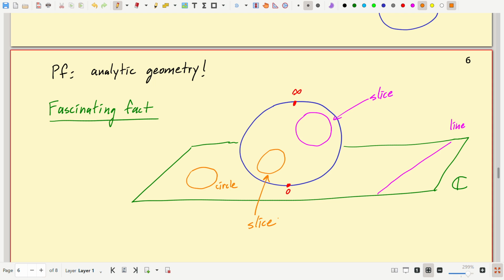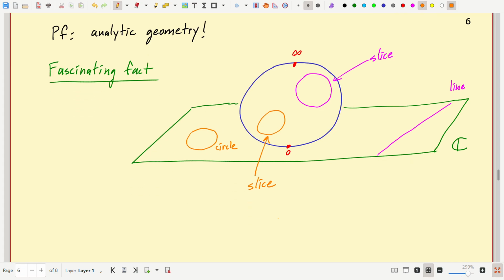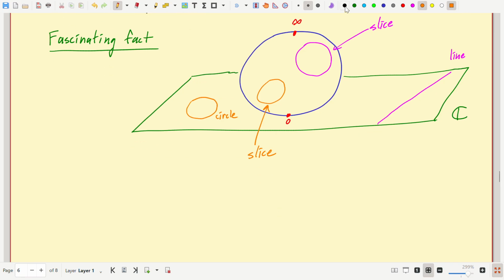Take a knife and slice off a piece of the sphere. If you think about lines going through the origin, those would be longitudinal lines through the point at infinity. So those are also slices. That's slicing the thing in half. So lines and circles in C correspond to slices.